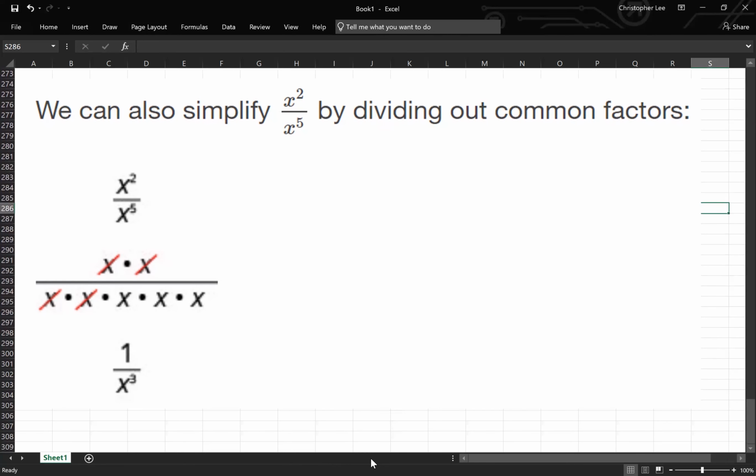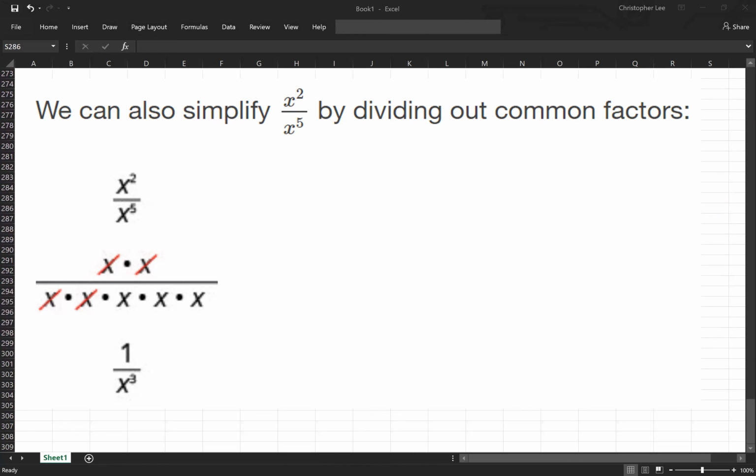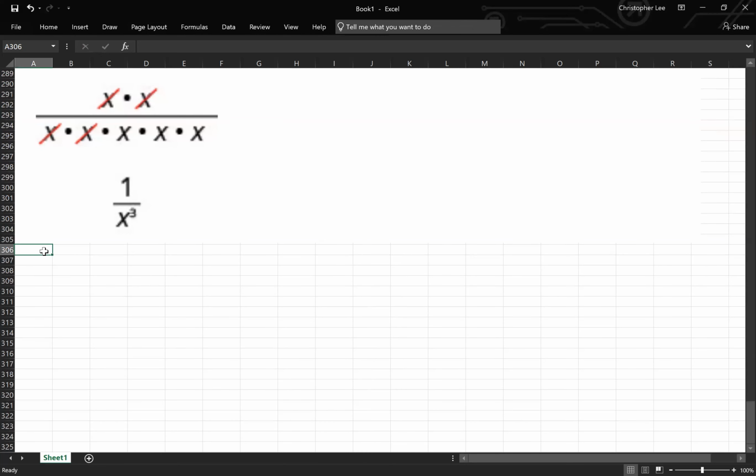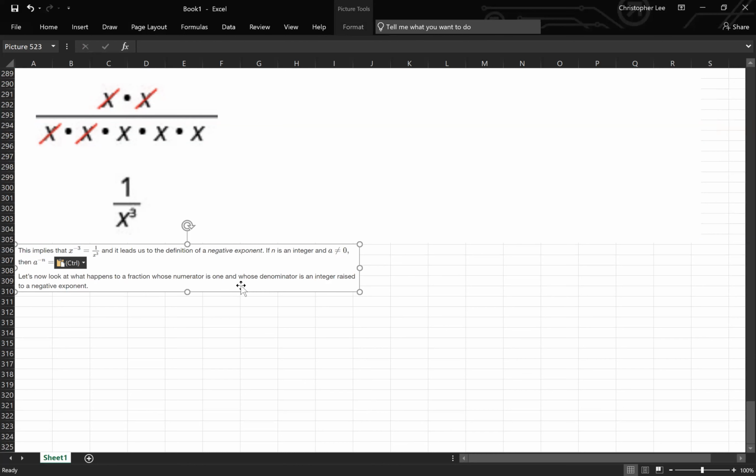So when in doubt, you can always do that. But there is a trick. The like terms: I have two x's on the top, two on the bottom, they get crossed out. But the last 3 on the bottom don't have anything else to get crossed out with, so they just remain.